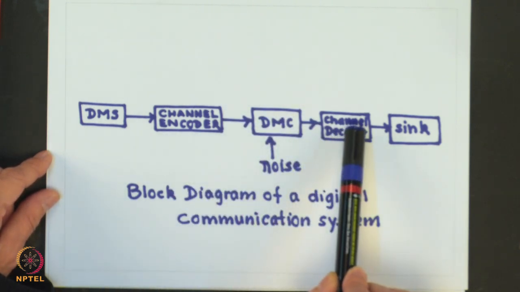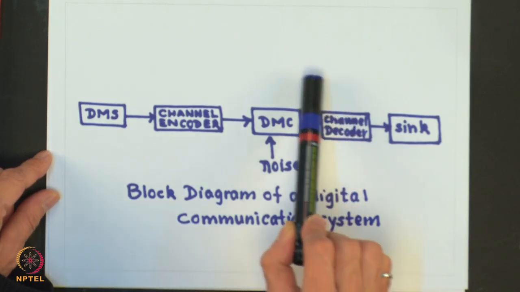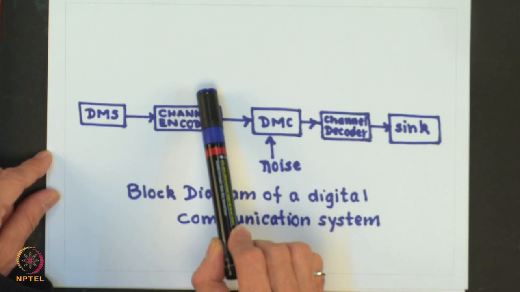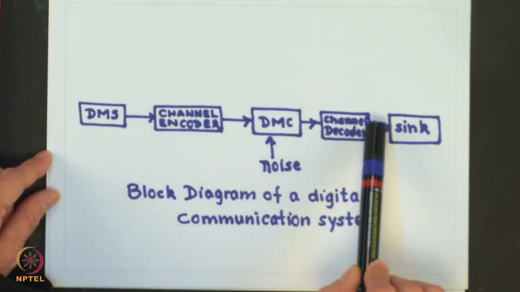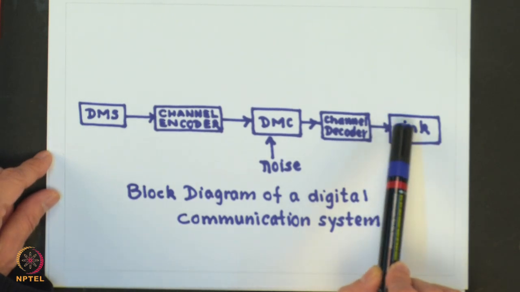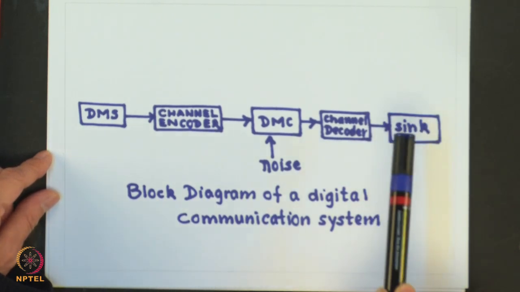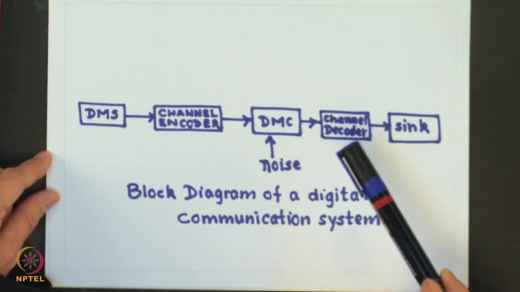This is followed by channel decoder, which is inverse of what happens in channel encoder, and then in a practical scenario this would go to the source decoder, which is again not shown here for the sake of simplicity, and then it goes to the sink or destination.